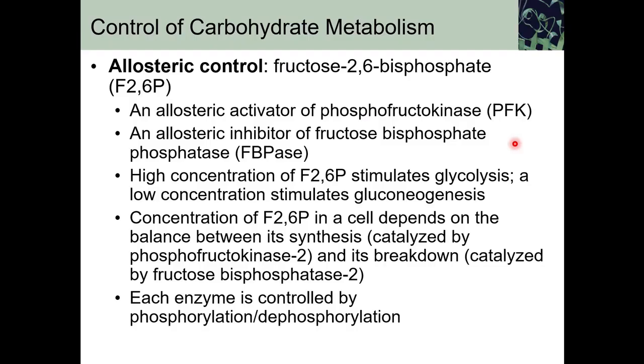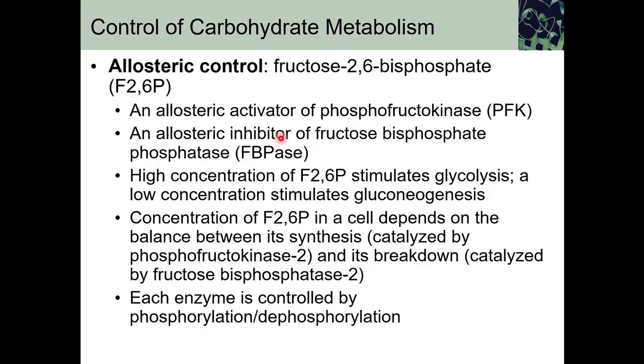Fructose 2,6-bisphosphate is an allosteric inhibitor of fructose bisphosphate phosphatase. Okay, now what does that mean? This makes sense, right?